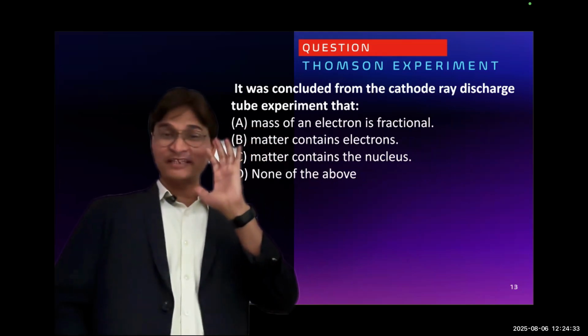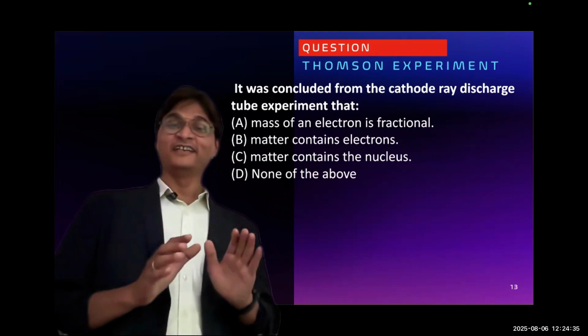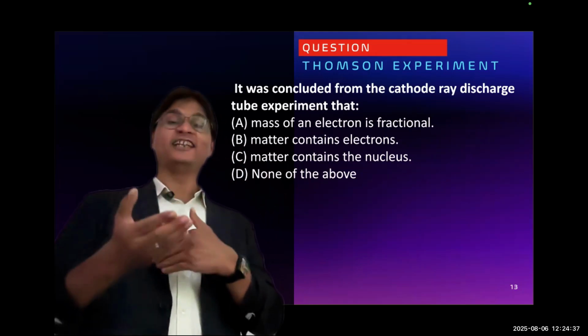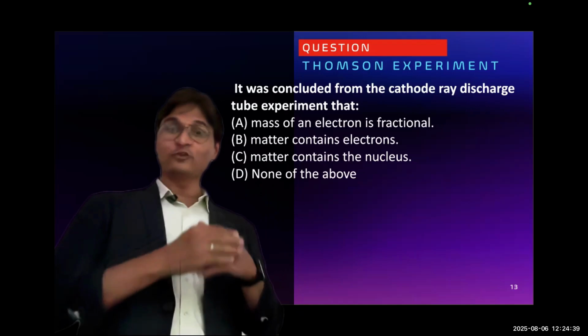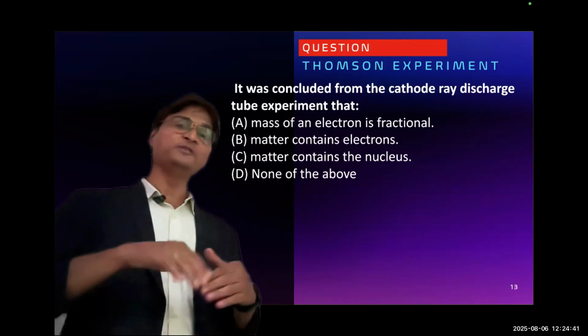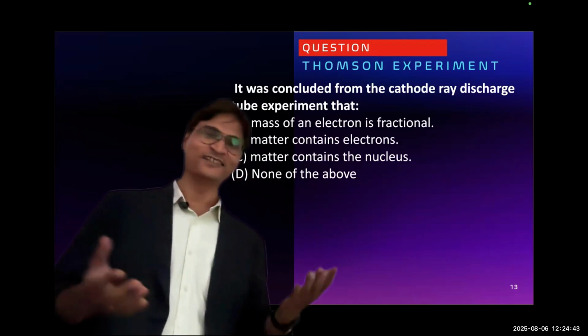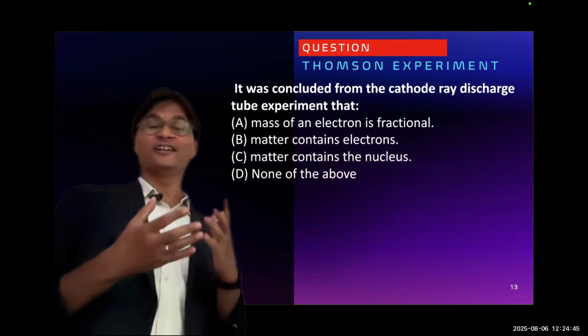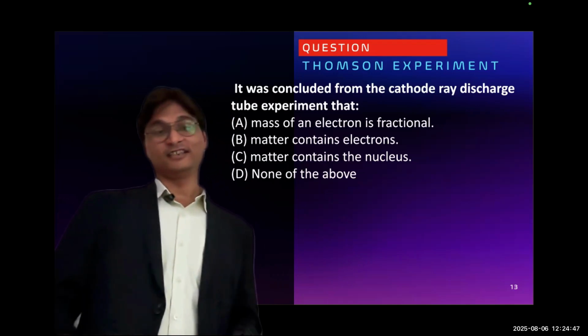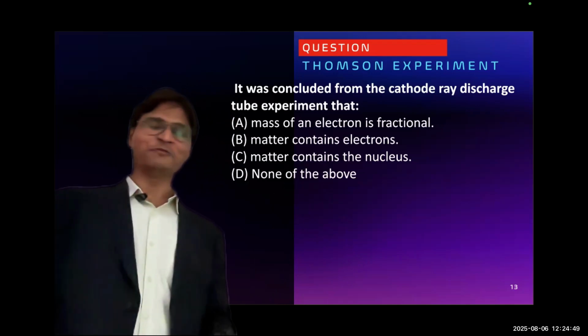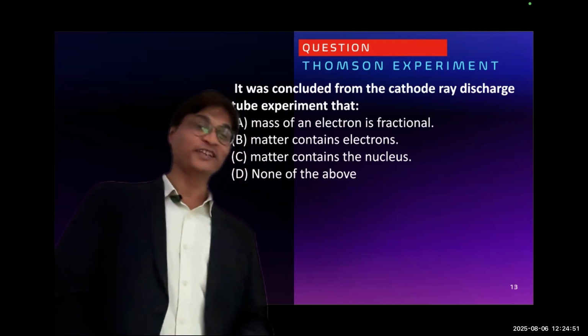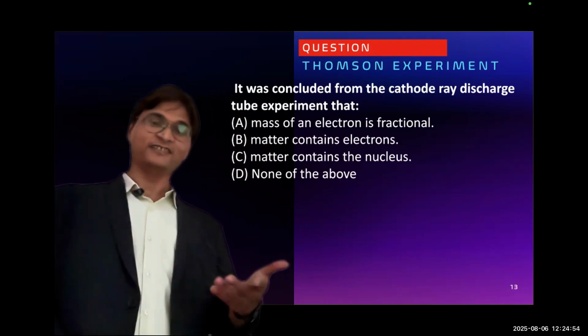To be clear, Thomson never calculated charge on electron or mass of electron. He calculated their ratio, and we'll be exploring further how the charge and mass of electron were determined. Another very beautiful, interesting story, Millikan's experiment. We'll be seeing it next.